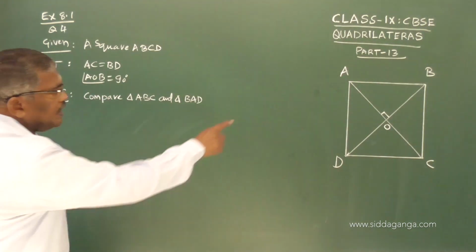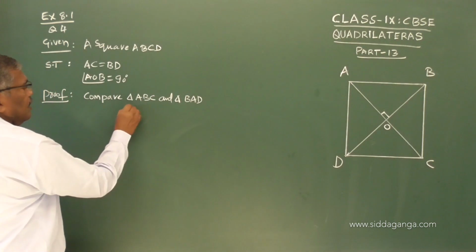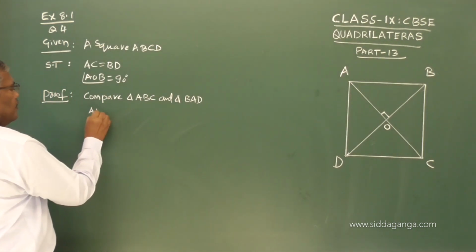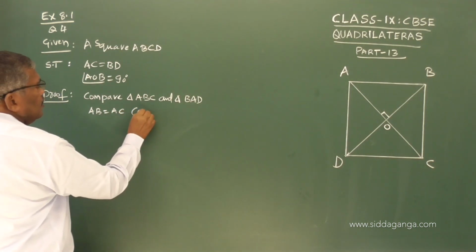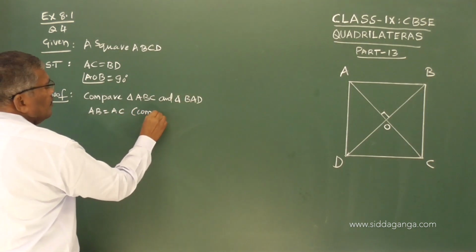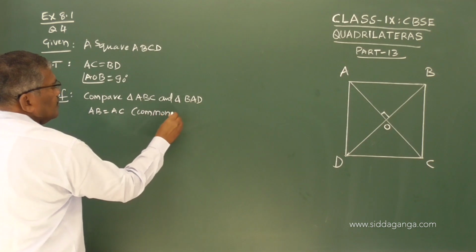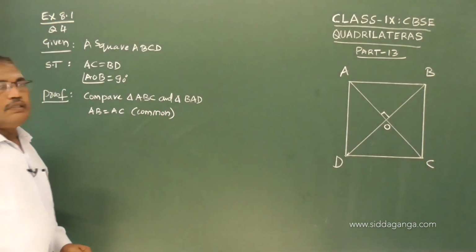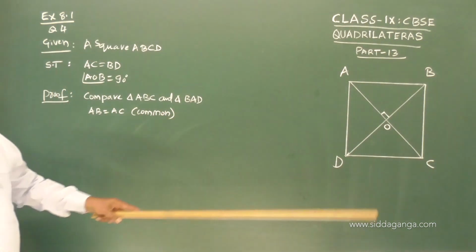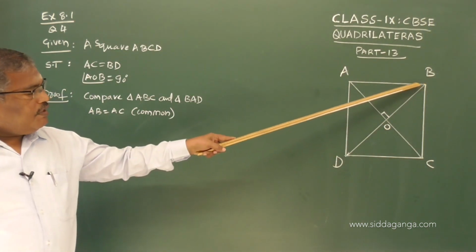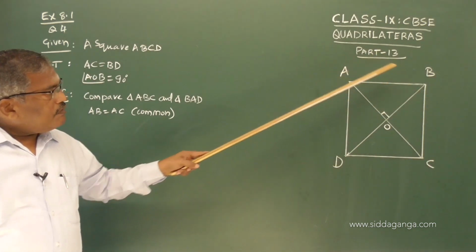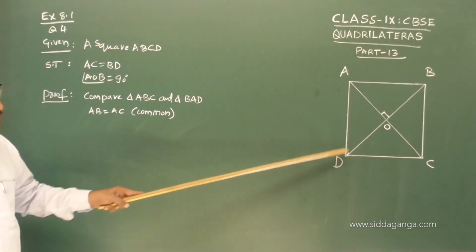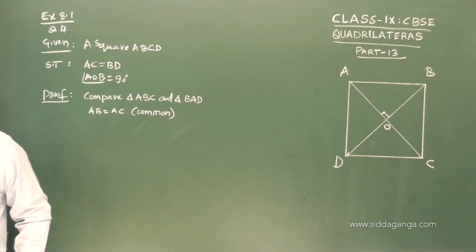So, in these two triangles you observe AB equals AB, common to both triangles. So, I will just write common. AB is common to ABC triangle as well as BAD triangle. AB is common side.